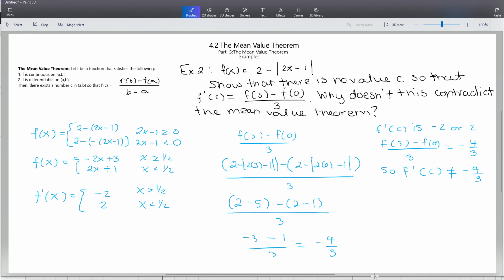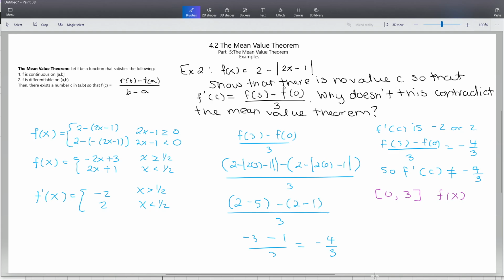This is the end result of the mean value theorem, that this should be true. So why don't we have this? We would be talking about, first of all, the interval 0 to 3, and the function f of x that's given.